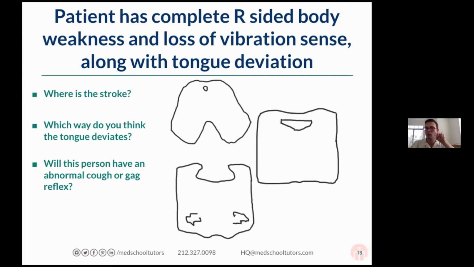If I have a lower motor neuron lesion on this side, this is my left hand, the tongue is going to deviate to the left because the right side is going to disproportionately push it across. If I have a left-sided stroke up top that impacts the upper motor neuron fibers that cross and go to the right side of the tongue, I theoretically could deviate the other way.